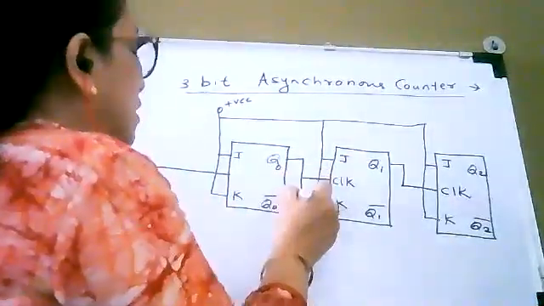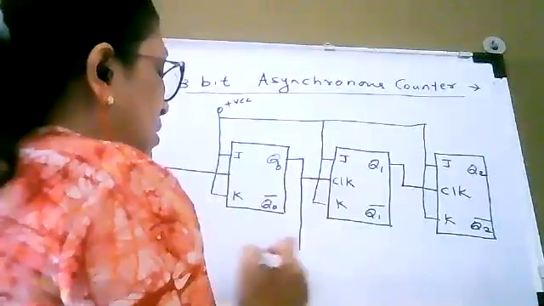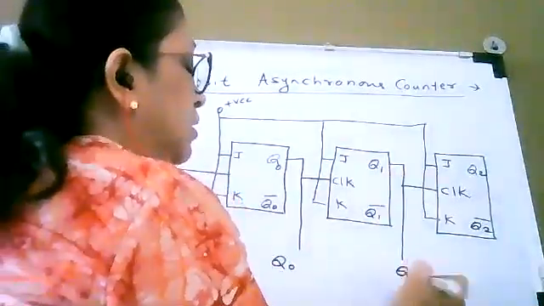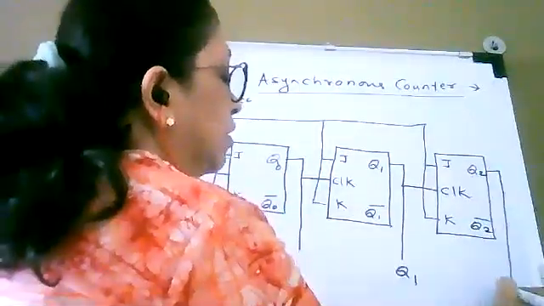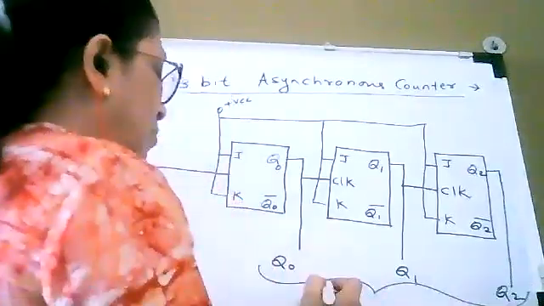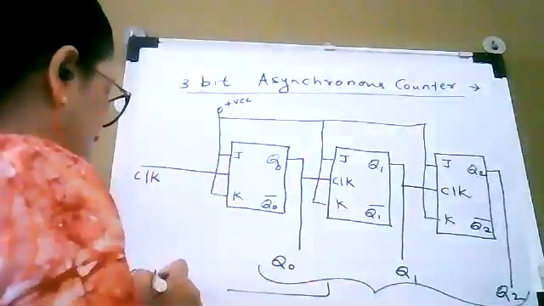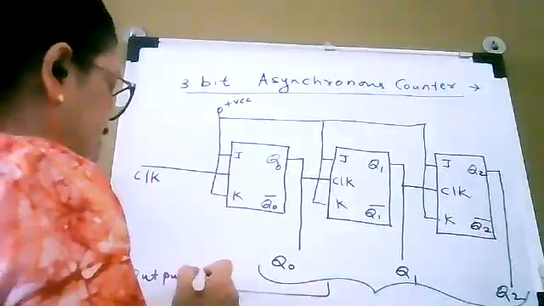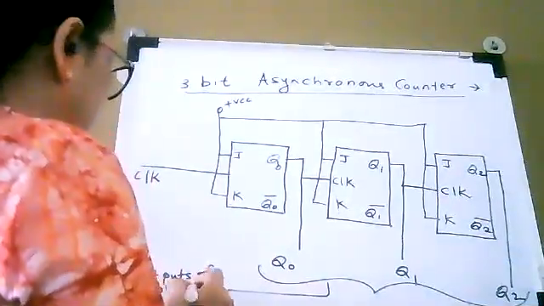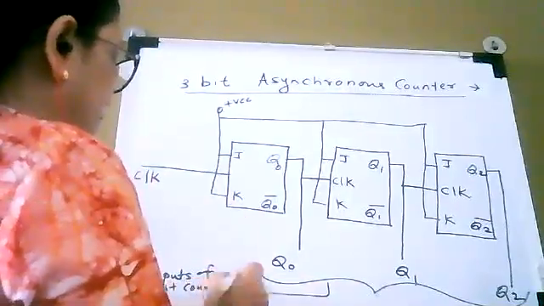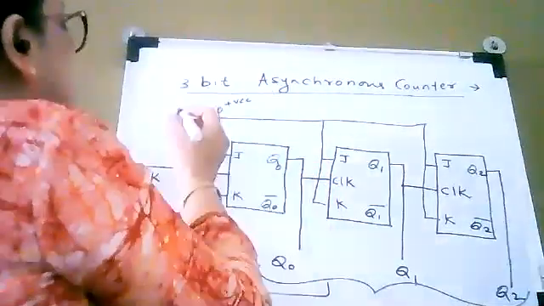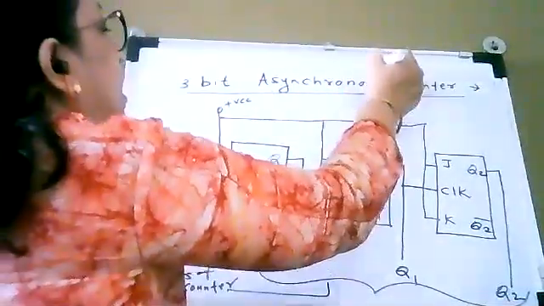Now here you can see Q0 is taken out, Q1 is taken out, and Q2 is taken out, and these form outputs of the 3-bit counter. Okay, so this is a 3-bit asynchronous up counter.